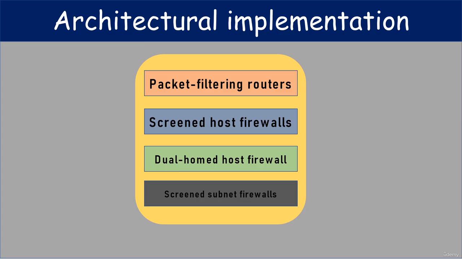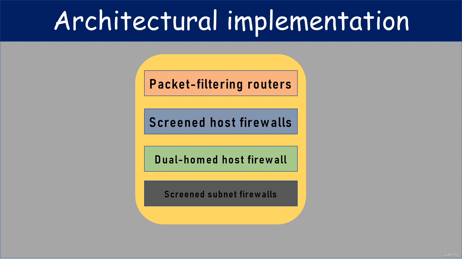One router sits between the perimeter net and the internal network, and the other router sits between the perimeter and the external network. To break into the internal network, an attacker would have to get through both routers. So there is no single vulnerable point that will compromise the internal network.